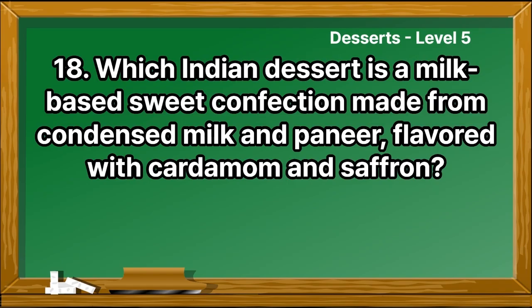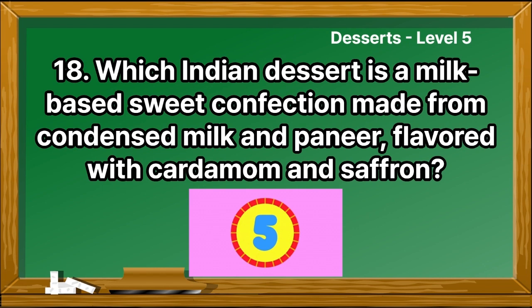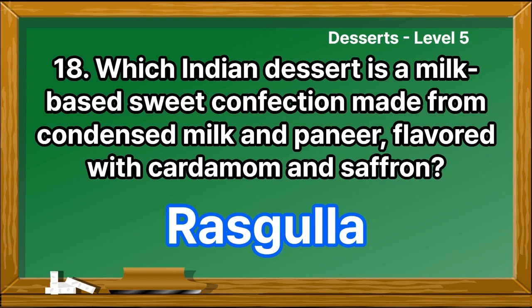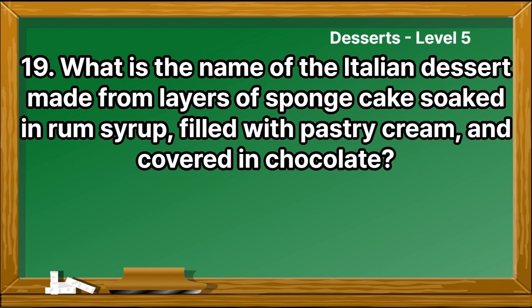Which Indian dessert is a milk-based sweet confection made from condensed milk and paneer, flavored with cardamom and saffron? Rasgulla. What is the name of the Italian dessert made from layers of sponge cake soaked in rum syrup, filled with pastry cream, and covered in chocolate?